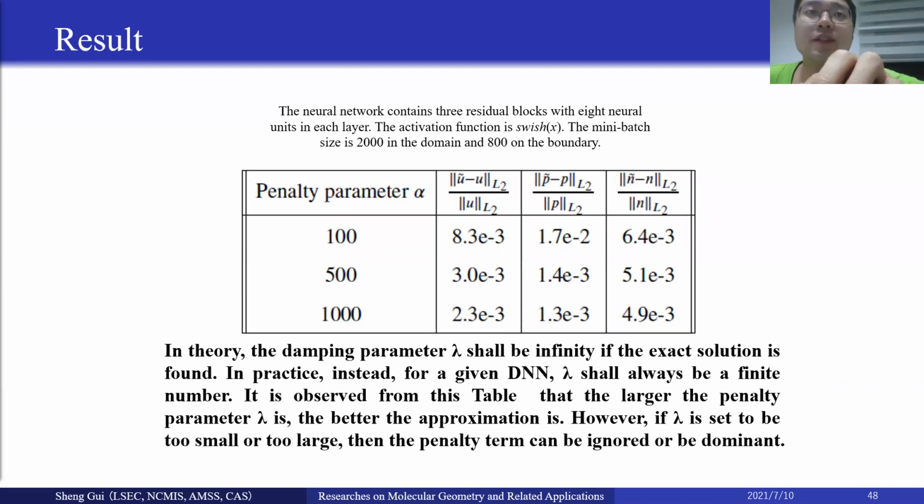In practice, instead, for a given DNN, lambda should always be a finite number. It is observed from the table that the larger the penalty parameter lambda is, the better the approximation is.